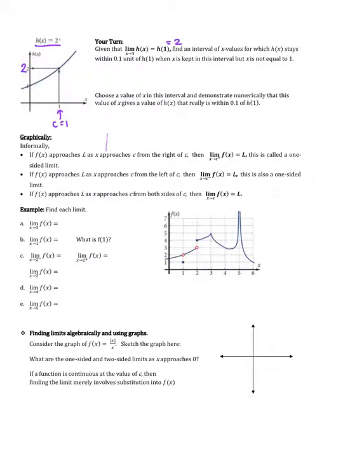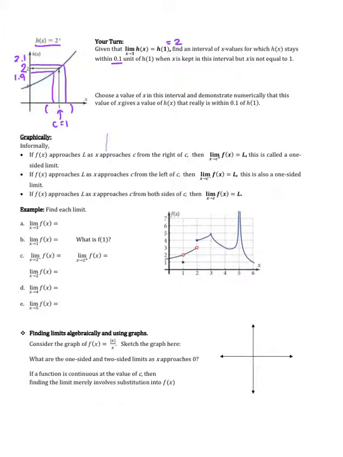So they're calling that h of 1. And we want to find a value that keeps it within 0.1. So we're going to go up to 2.1 and down to 1.9 again. That's going to be a really close interval around here. And we want to find the corresponding interval around 1 that keeps our output within 0.1 of our limit.